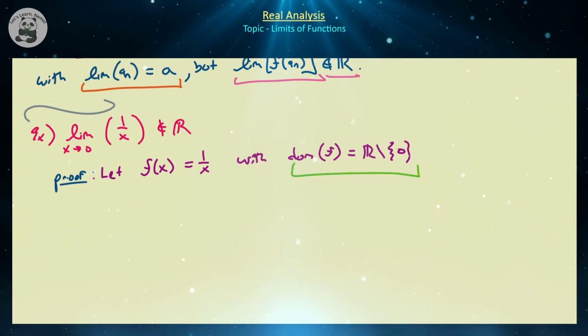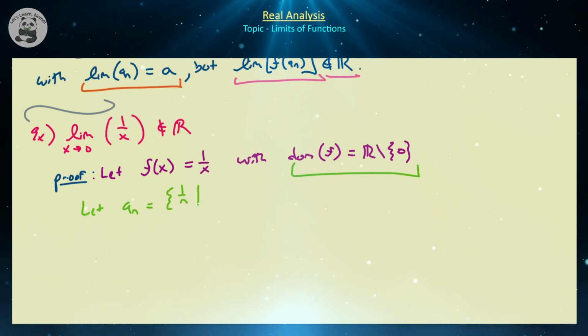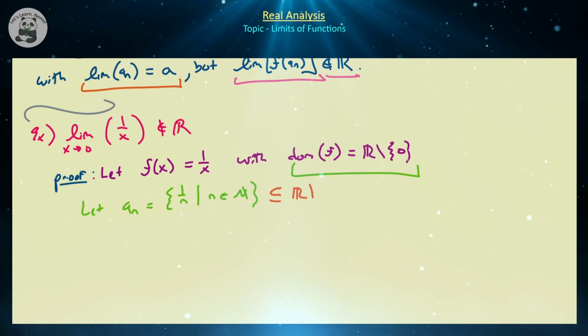So as long as the sequence does not contain 0, then we're safe. So we're going to be choosing a_n to be equal to the sequence 1 over n, where n is in the set of natural numbers. And it should be clear to see that this is indeed a subset of R backslash 0, right? So that property is satisfied.